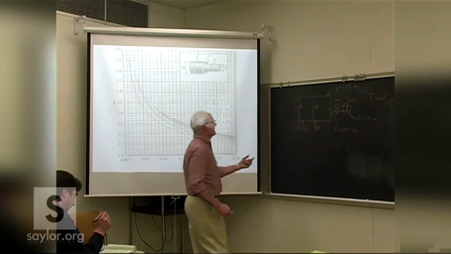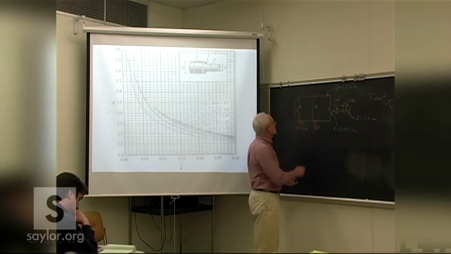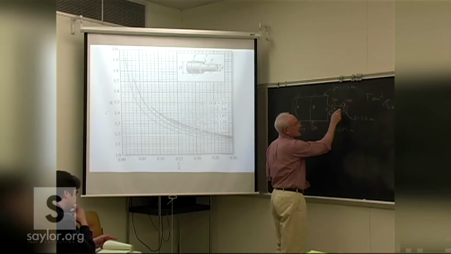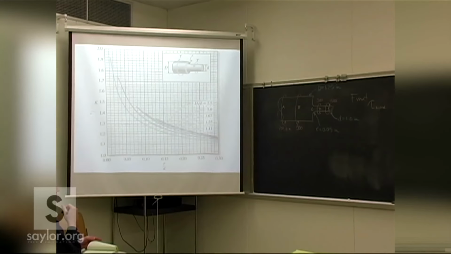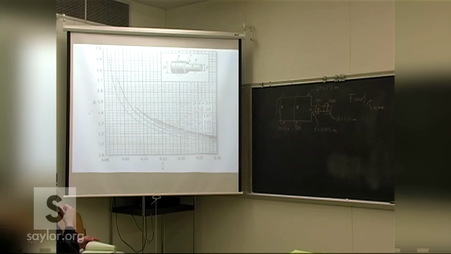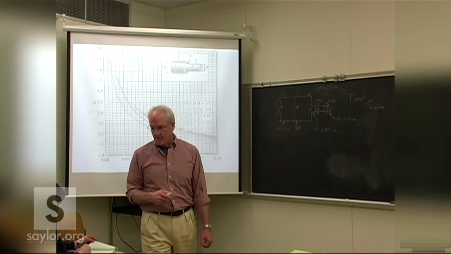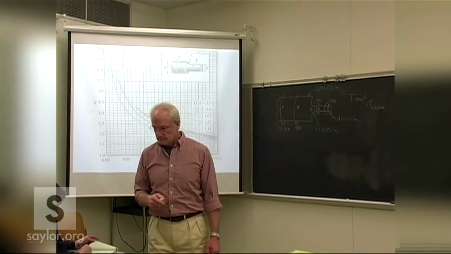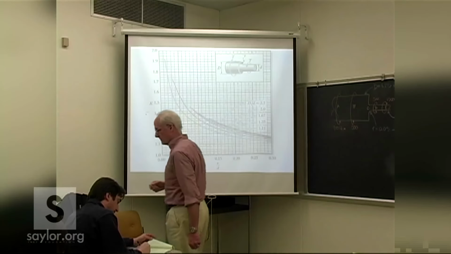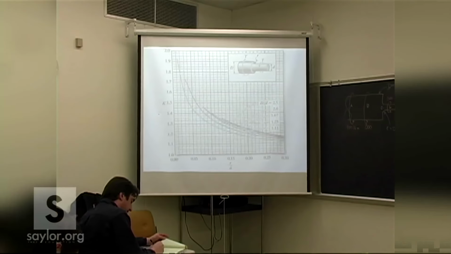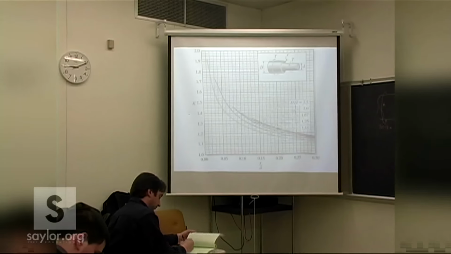So you're going to need to look at each of these regions, A to B, B to C, C to D, and D to E, and figure out the maximum stress in each of those. Determine which is the worst case, and that's the design limit. You then decide if you have material that can take that, or you're going to have to change some of the design specifications.